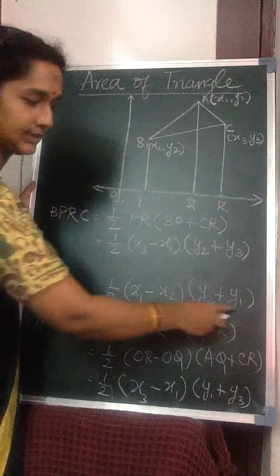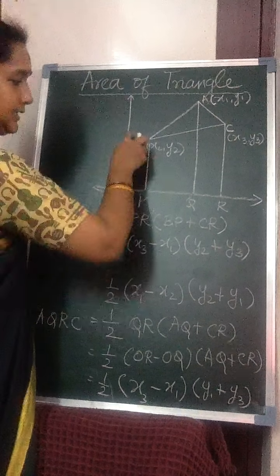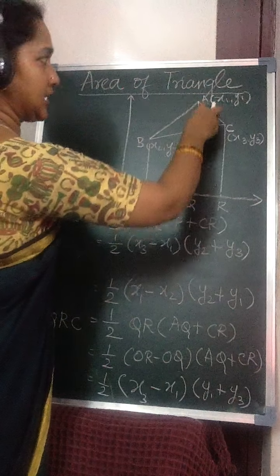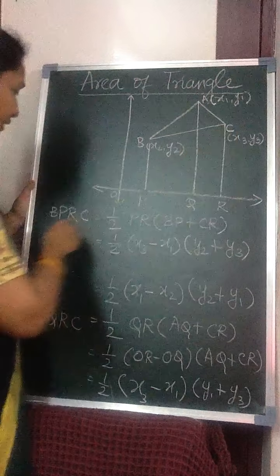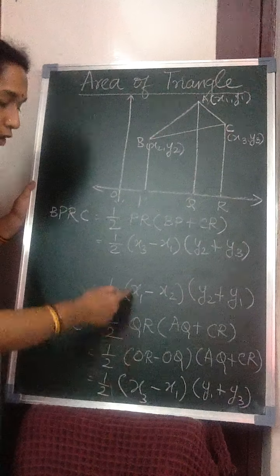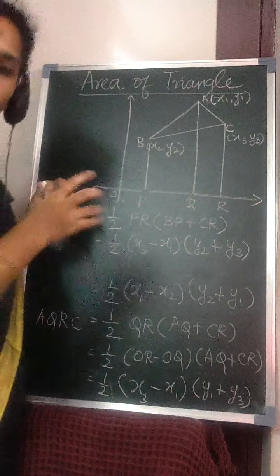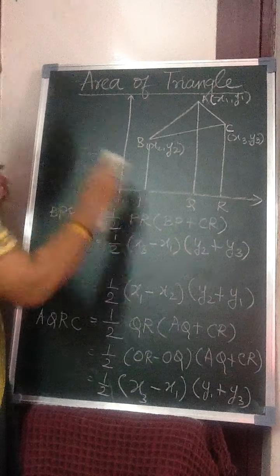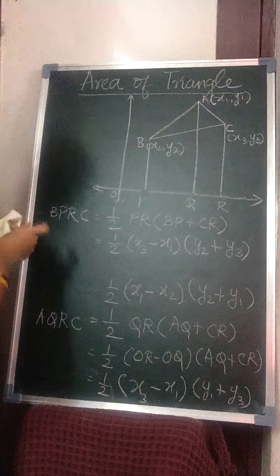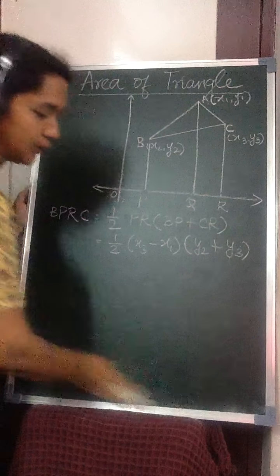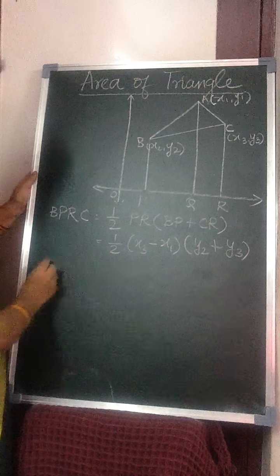This one is area of the first trapezium, BPQA. This one is area of the next trapezium, AQRC. Then BPRC. So first two things you will add and the last one you will subtract. So when you simplify and substitute these values, you will get the area of triangle.